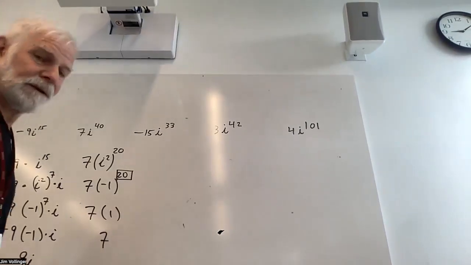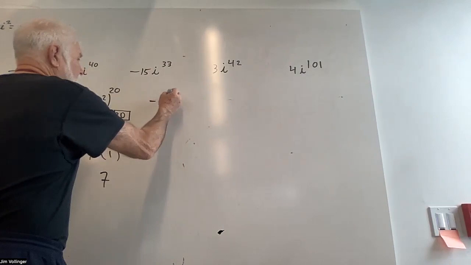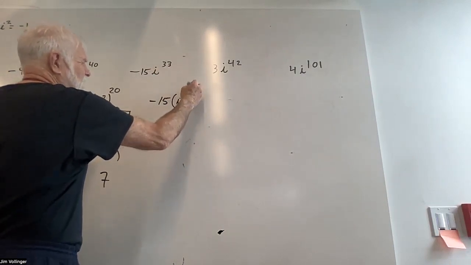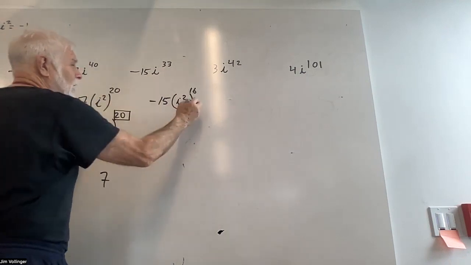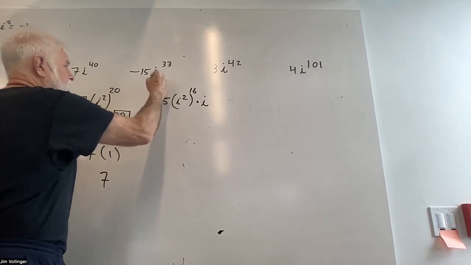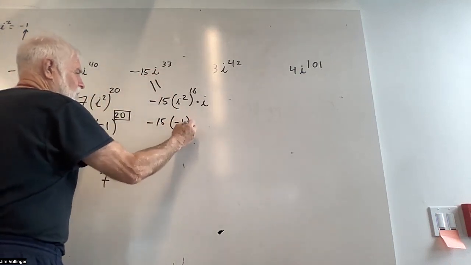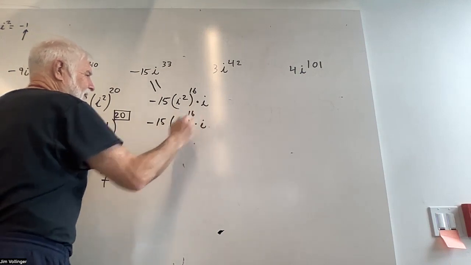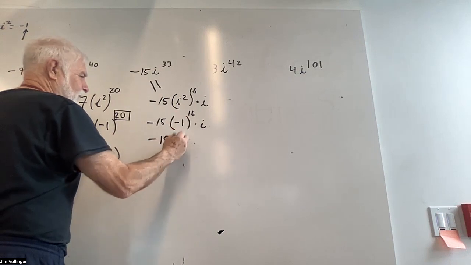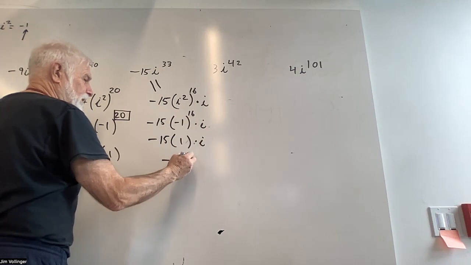Here we go. Continuing on our merry journey. So this is -15 i squared. I think that happens 16 times to get me to 32. I have another multiplier of i in order to make these things equal. That's -15 times -1, 16 times, times i. Even turns -1 into +1, times i, -15i.